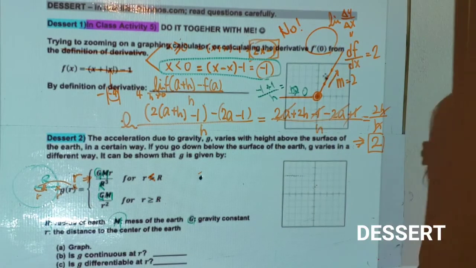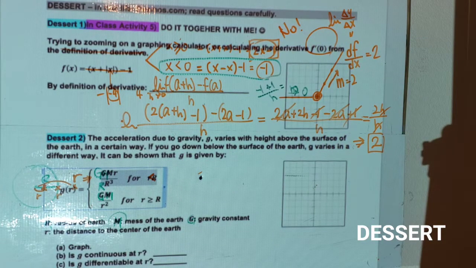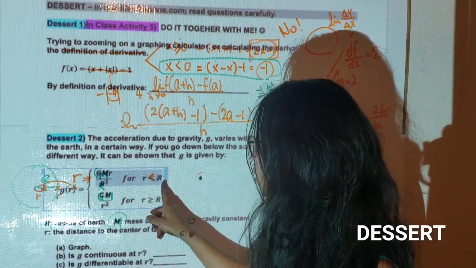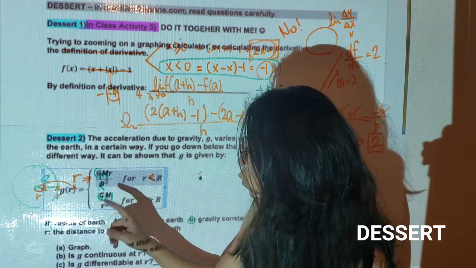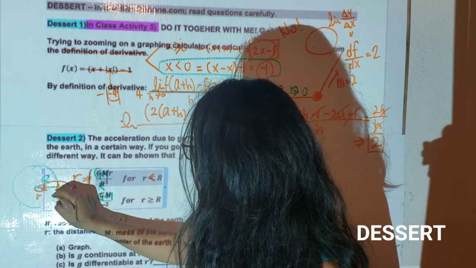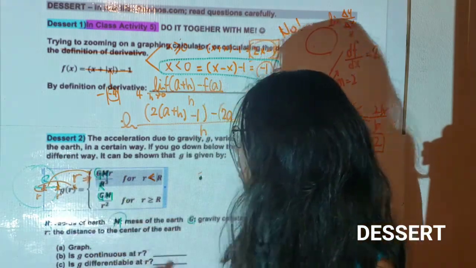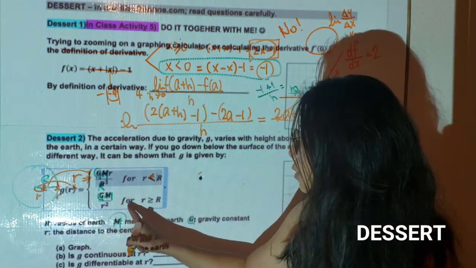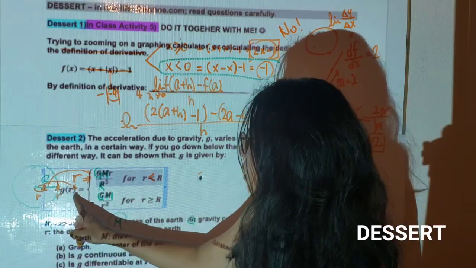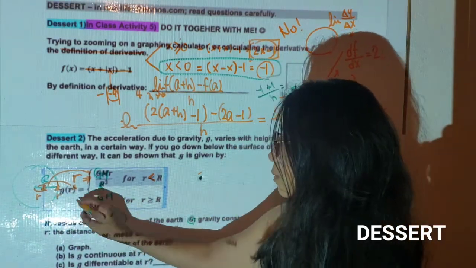It's going to be less. Yeah, now it makes sense. If small r is less than big R, then you are going to use the first one, below, under the earth. And if r is bigger, you are located outside of the earth's surface, then you are going to use this one as gravity.